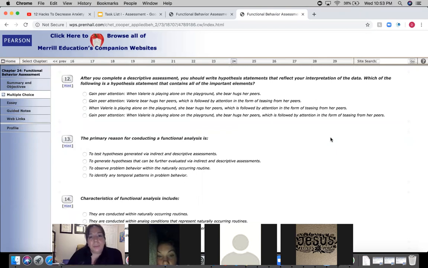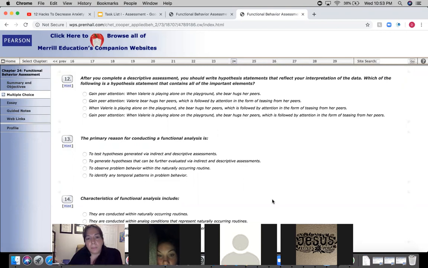After you complete a descriptive assessment, you should write hypothesis statements that reflect your interpretation of the data. Which of the following is a hypothesis statement that contains all of the important elements? A, gain peer attention. When Valerie is playing alone on the playground, she bear hugs her peers. B, gain peer attention.